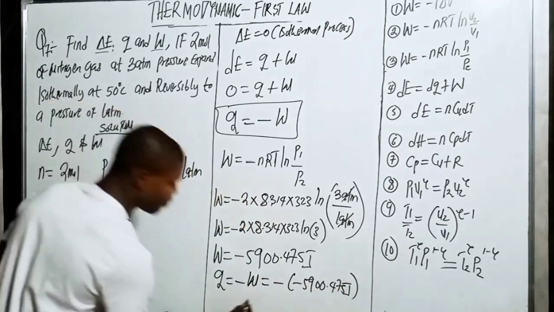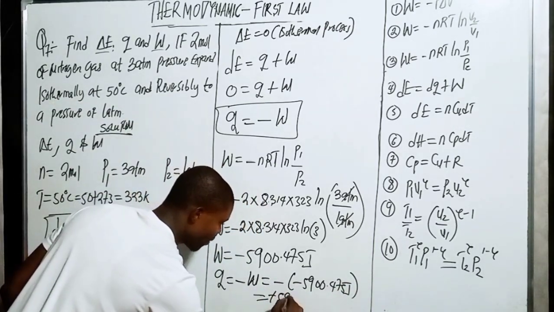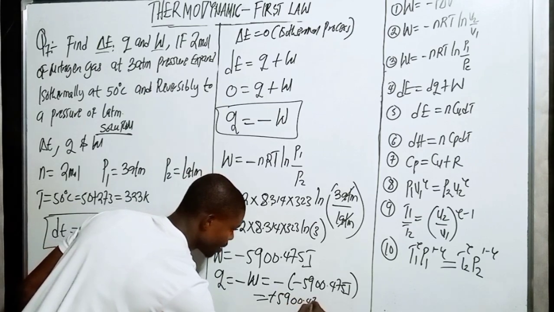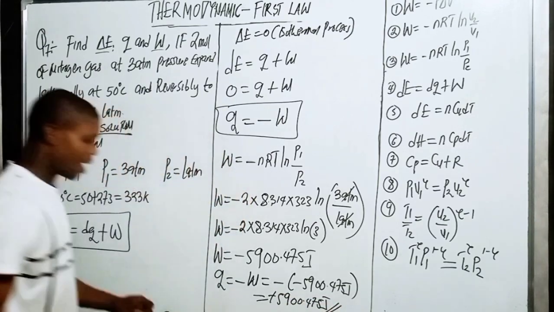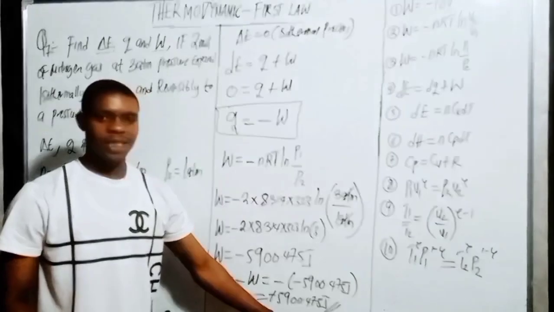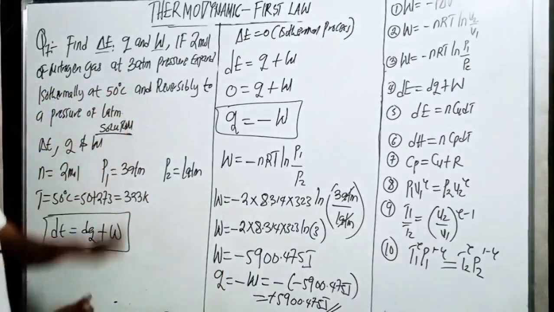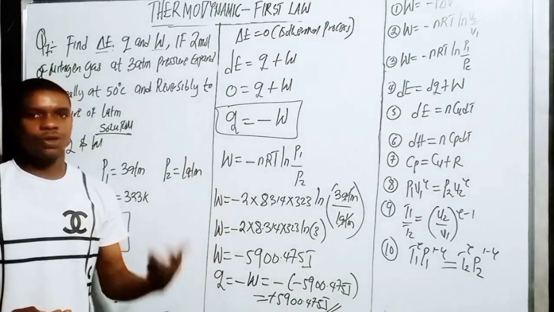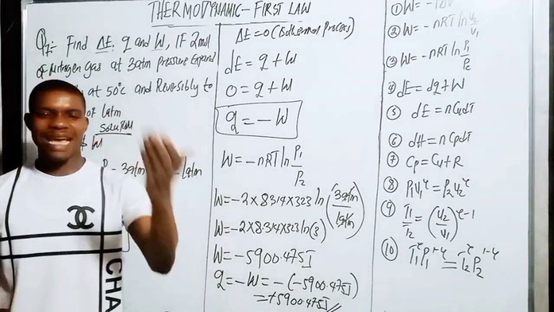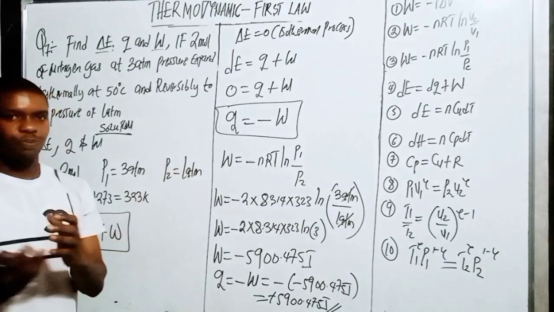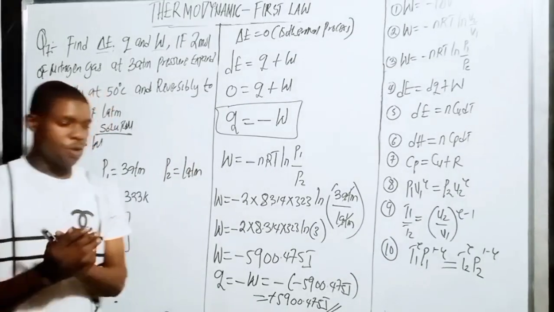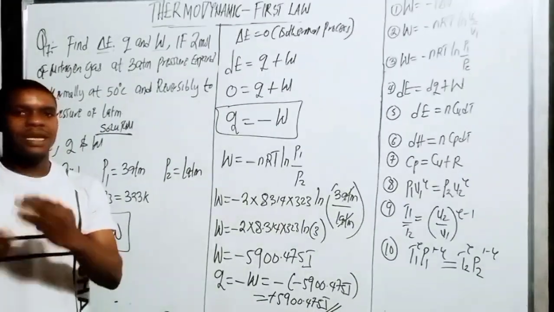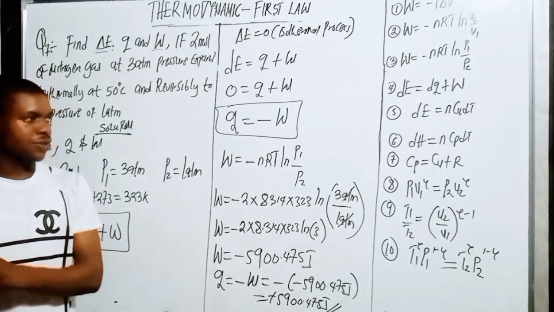So minus times minus is plus. So Q is going to be plus 5900.475 joules. That is it. You want to see questions like this in the exam. I have tons of questions regarding this one, but time will solve more of this type of problem. So make sure you go to your past questions and see how you can solve some other questions, right?